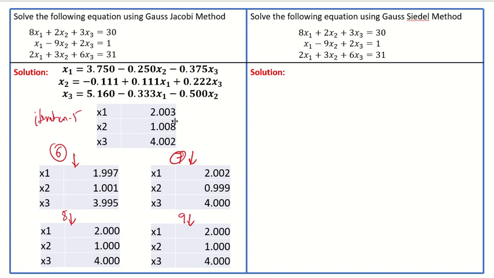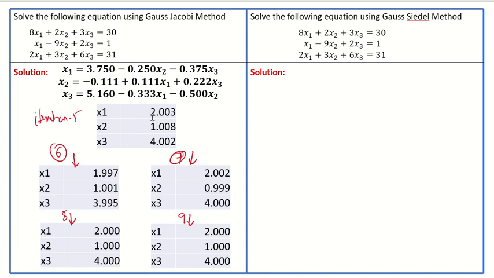If you take further decimal places, such values will be there. Now these iteration 5 values are once again substituted here to get updated values of x1, x2, x3.